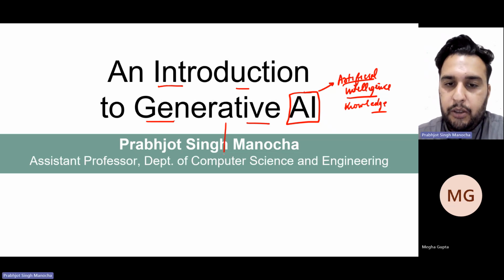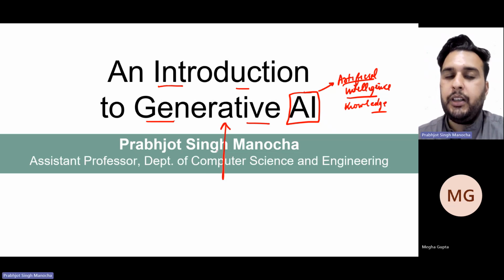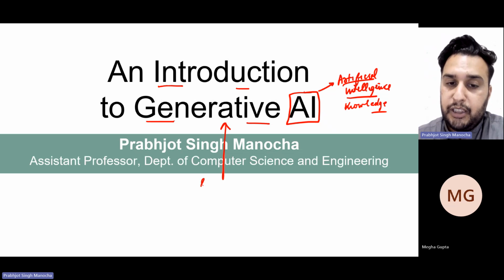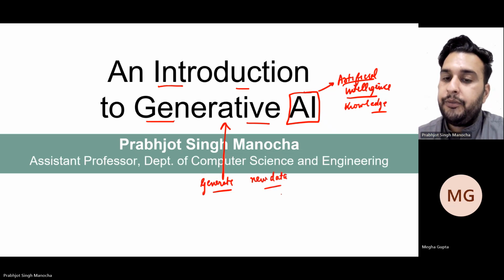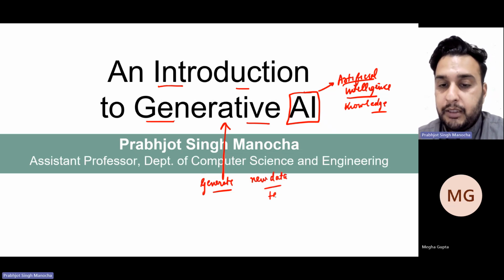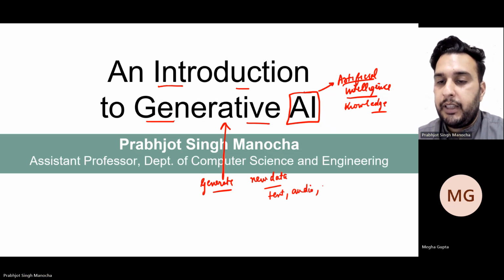And while we are talking about the word generative, which is coming from the word generate, it means we want to generate some new data, which can be in the form of text, which can be in the form of audio, which can be in the form of an image, which can be in the form of video, anything, right?